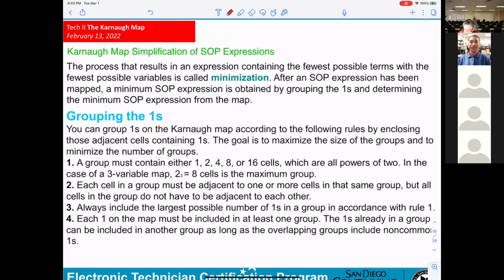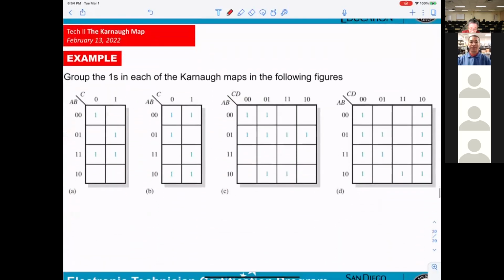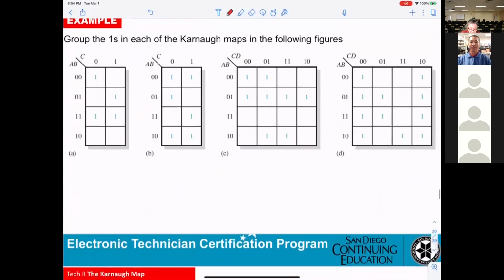Each 1 on the map must be included in at least one group. A 1 already in a group can be included in another group as long as the overlapping groups include non-common 1s. Now we're talking about grouping here.